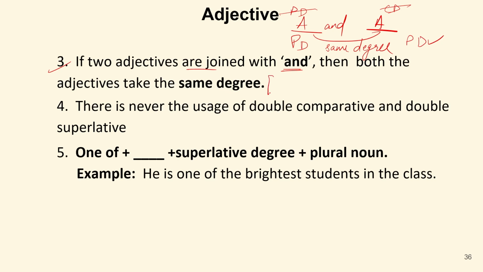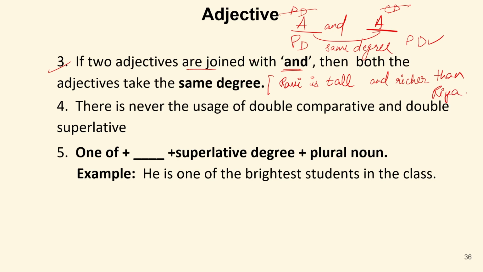For example, Ravi is tall and richer than Ria.